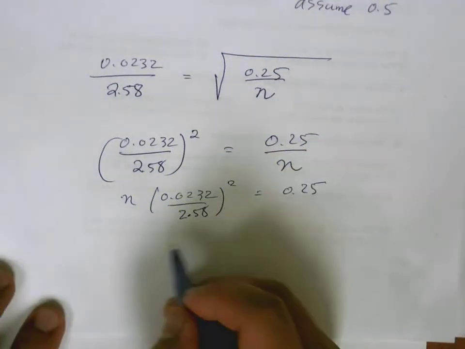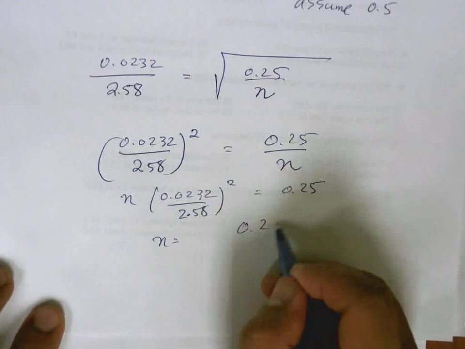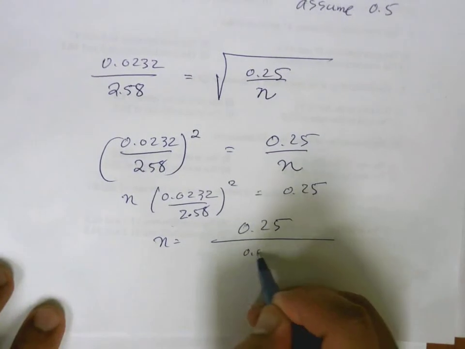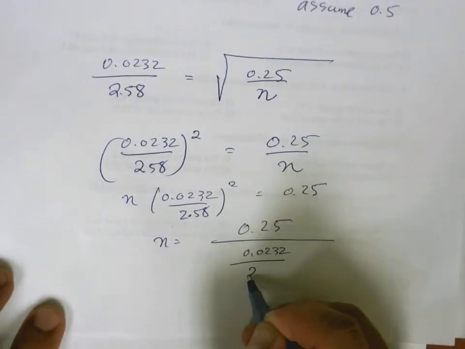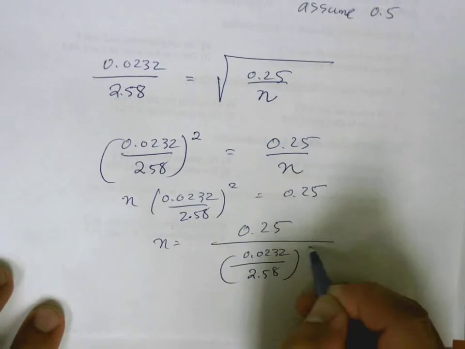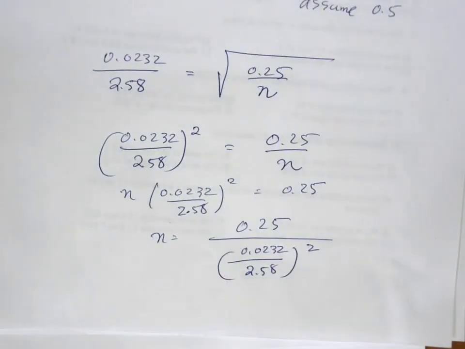So n is equal to 0.25 divided by (0.0232 over 2.58) quantity squared. Okay? You just plug that into a calculator, and let's see what we get.